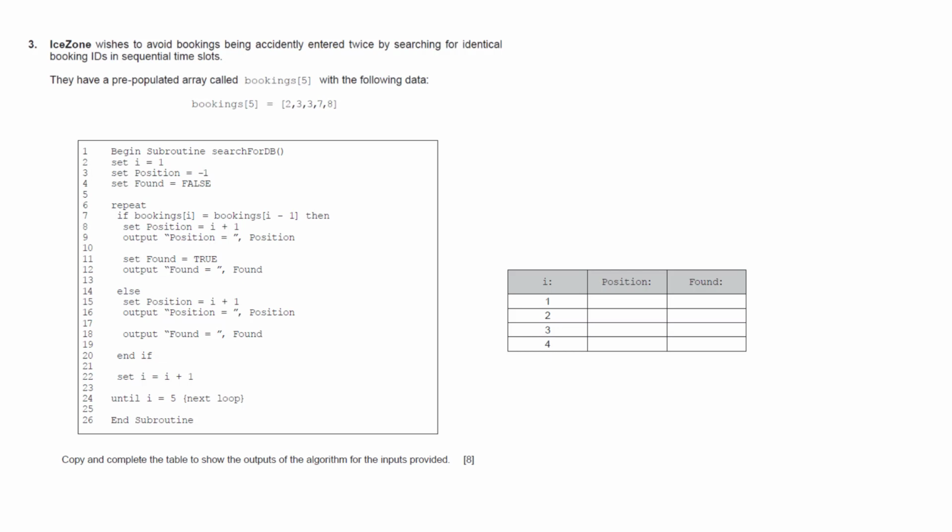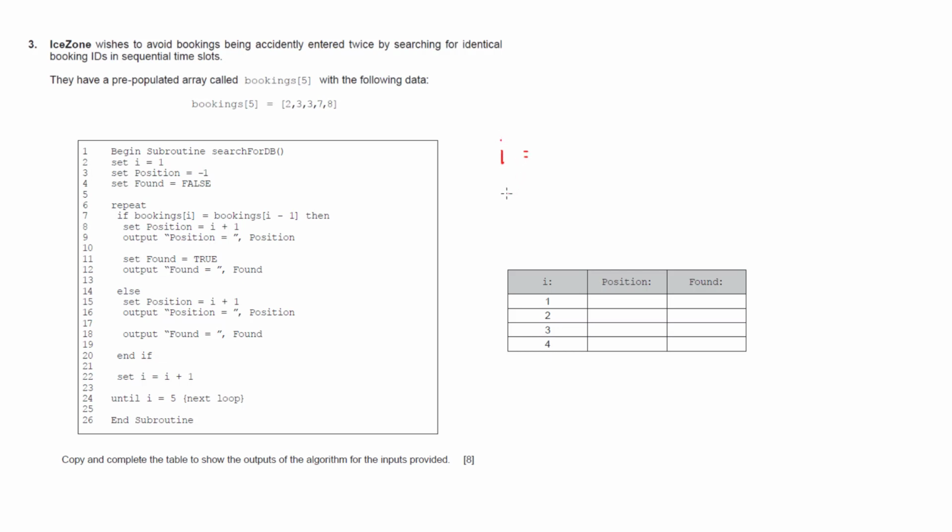So we've been provided with this table off to the right hand side here, and all we need to do is dry run this algorithm and populate it. Now with any dry running algorithm, my first tactic is to always write down the variables.